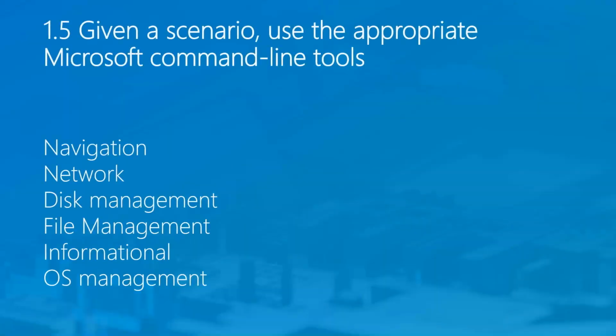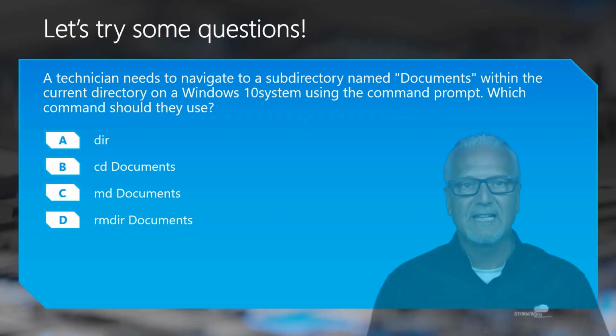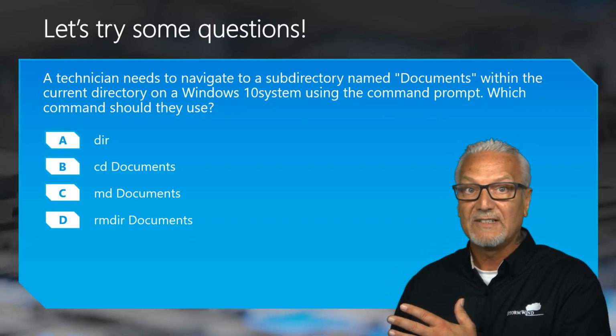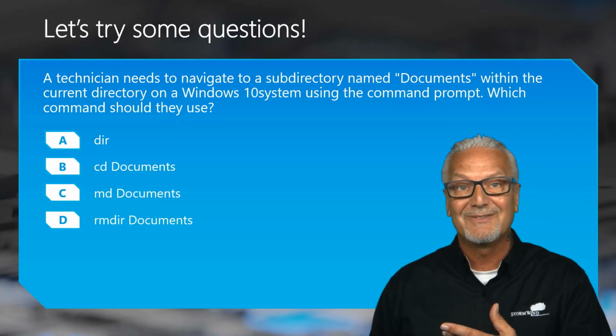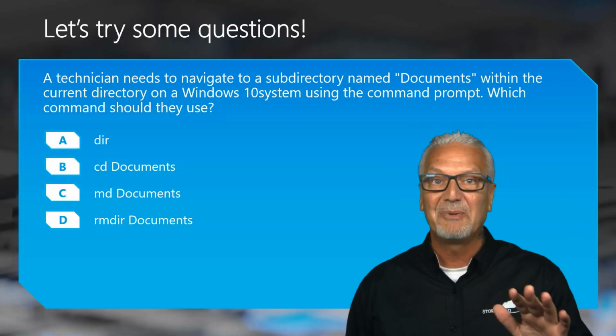And that is all the objectives, all the different command line tools. Let's try some questions for 1.5. Again, please take this overview, and then before you take the exam, you can use the slides as reference. You can just use the objectives document as reference. In a testing and development environment, not in production.